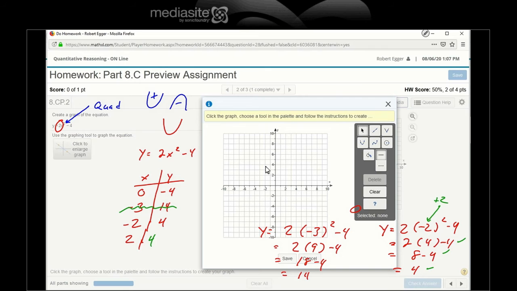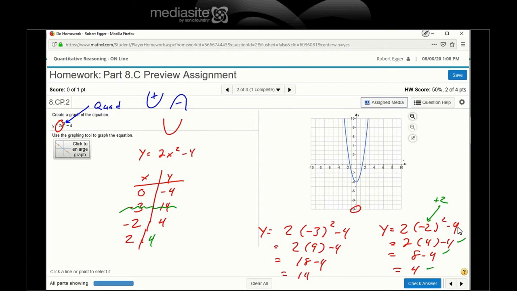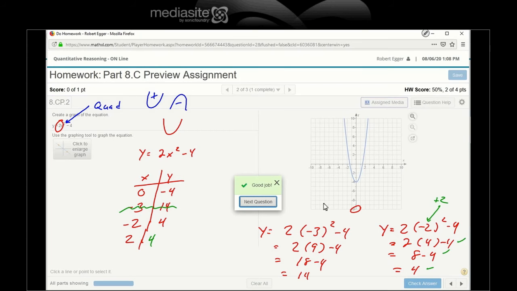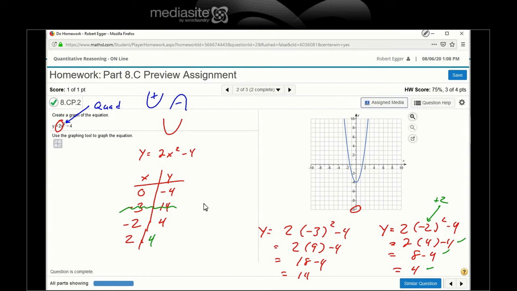Let's go with 2, 4 first, then -2, 4, then 0, -4. Okay, so it looks like no matter what order you do it in, you're going to get the same answer. So that's good to know. So let's save this and see if we're correct. Yes, we are.